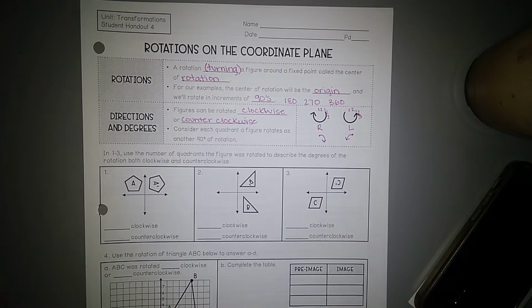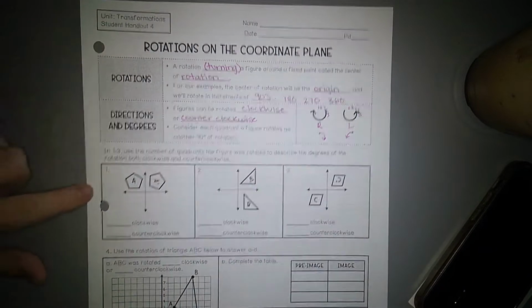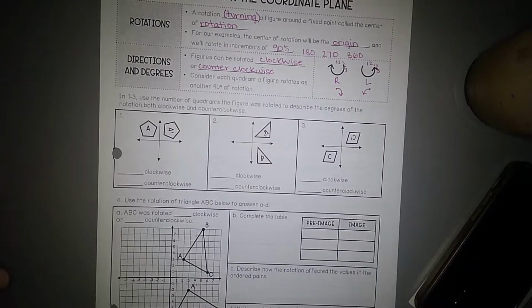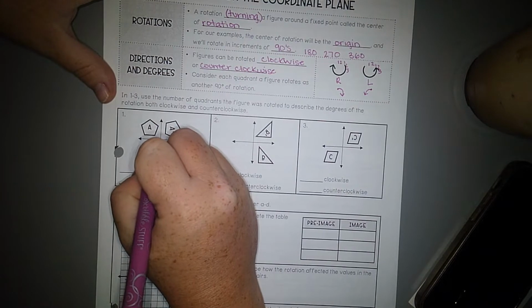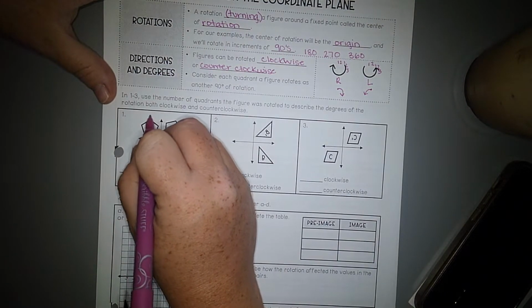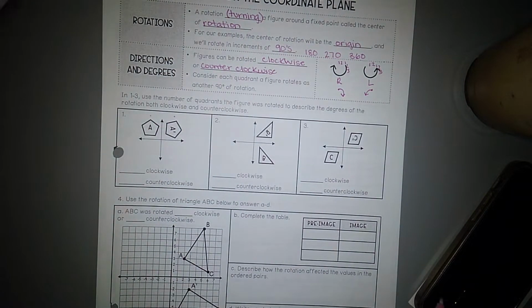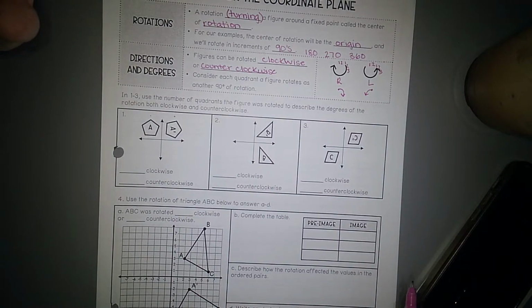In problems 1 through 3, use the number of quadrants the figure was rotated to describe the degrees of the rotation. Remember, going from one to the next quadrant is one turn, so that means it's 90 degrees.